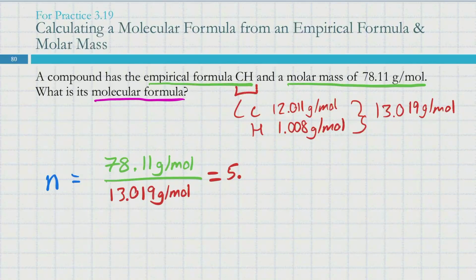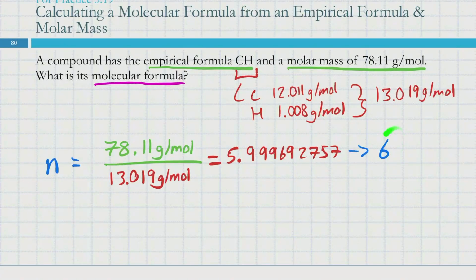So this says 5.999692757. So we round it to 6. And then we take our empirical formula, we multiply all the subscripts by 6.